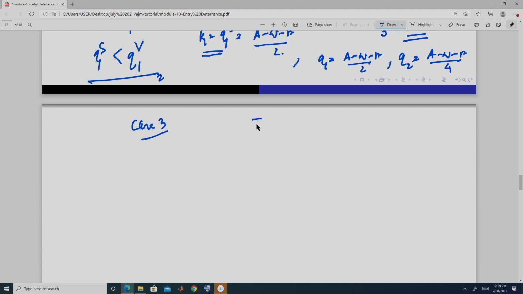In case 3, we have profit of firm 2 is positive at T and it is negative at this.